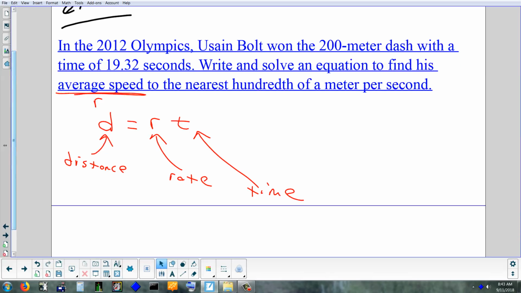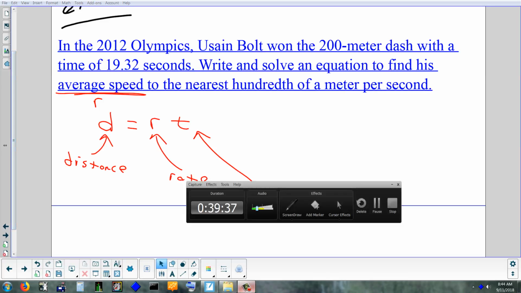The question is to find that, so we don't know what R is, so you're just going to leave that as R. We'll stick with R just because we used R in the formula. Take a minute and fill that in and see if you can get R by itself. Now, you're going to need a calculator because it's a decimal, so don't worry about doing the whole problem out. Just write what you would do up until the part where you type it in on a calculator. Okay, just take a second and see if you can do that.